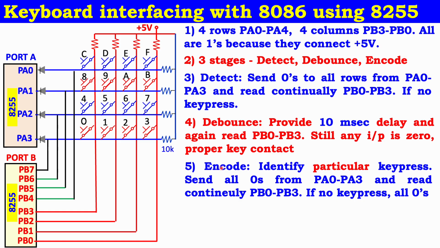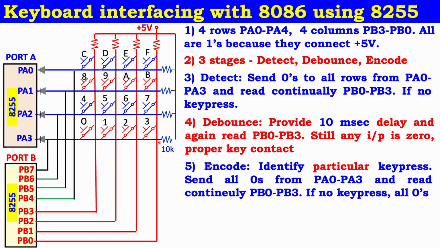Now let us see what this encode is. Just now we discussed that the particular key that is pressed can be identified by using the encode process. It is a very simple process. We send all zeros from PA0 to PA4, all rows. Observe that we send zeros to all rows.